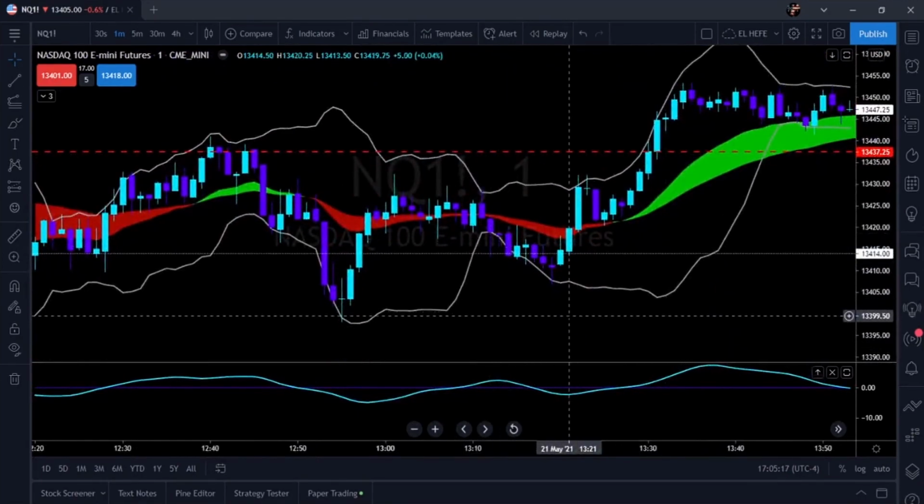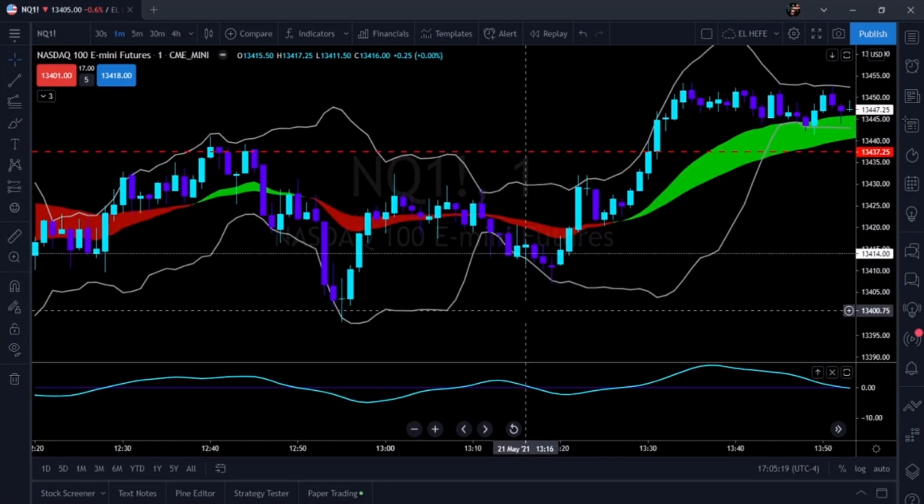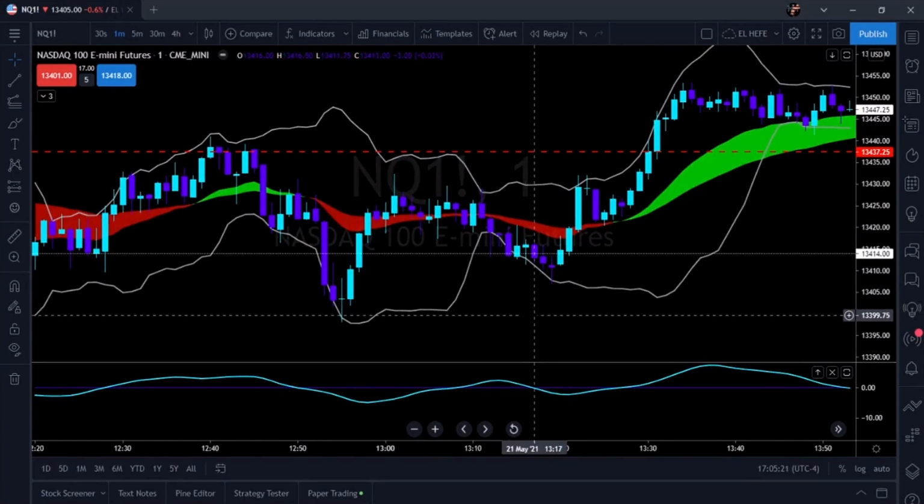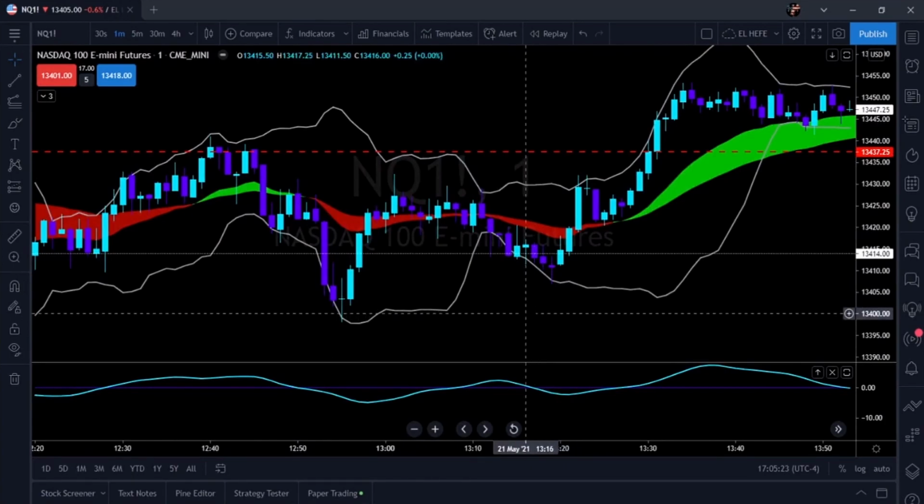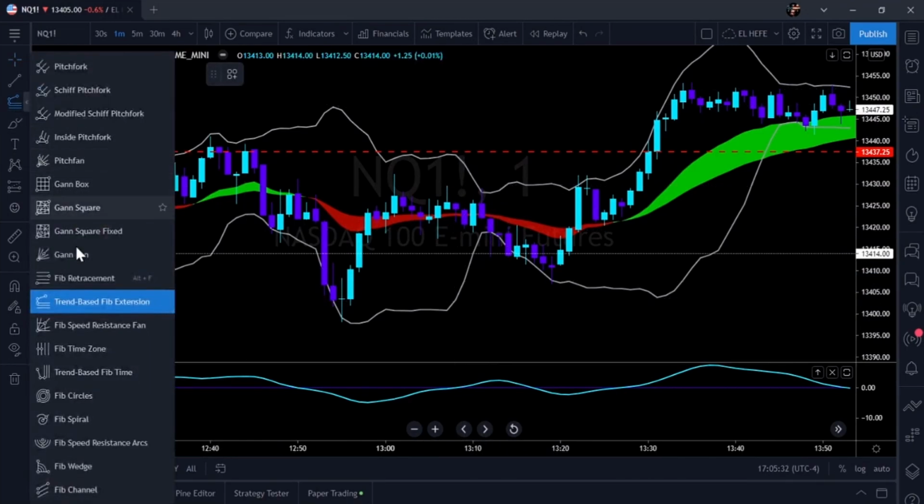Might have got a little in trouble right here. Nah, you wouldn't have gotten in trouble, because the old 3-bar rule kept you safe right here.